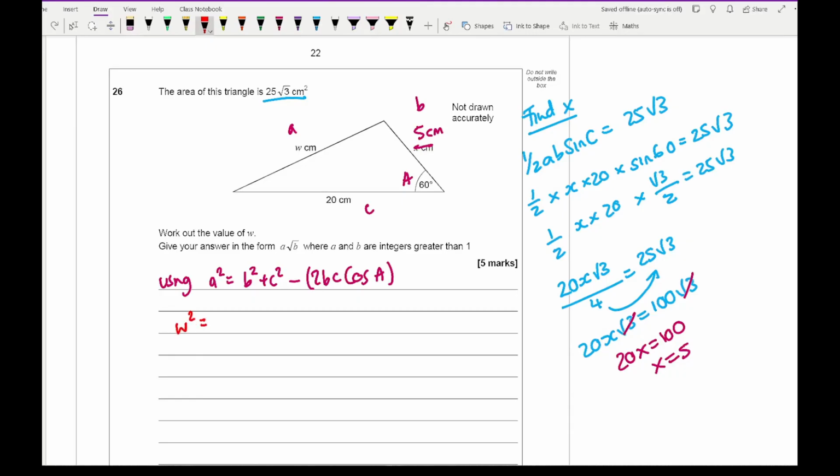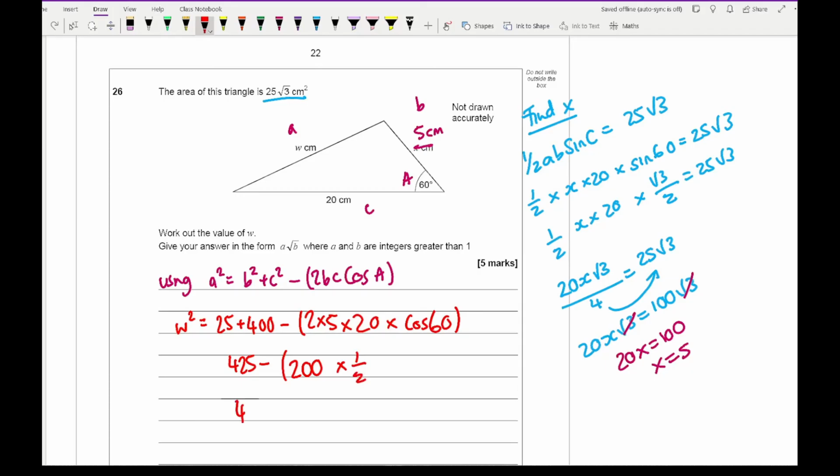equals, and it's going to be b squared, which is 25, plus c squared, which is going to be 400, minus 2 times 5 times 20 times cos 60. Now if I just neaten all this up, I get 425 minus 2 times 5, which is 10, times 20, which is 200, and cos 60, if I'm not mistaken, is a half.